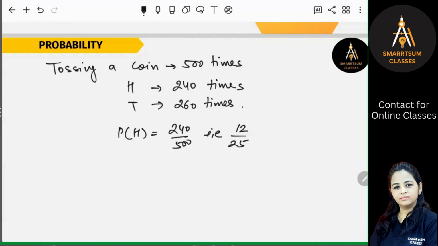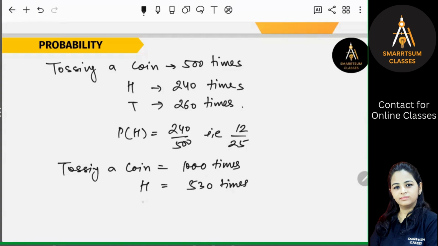And again, suppose this time we are tossing a coin 1000 times, and we get head, for example, 530 times and tail 470 times.